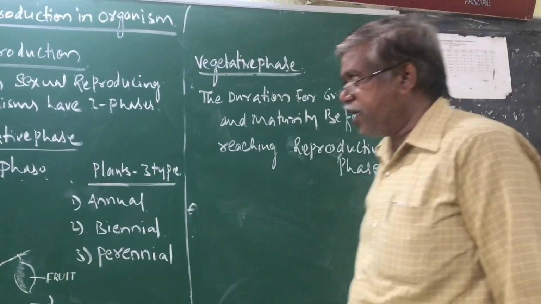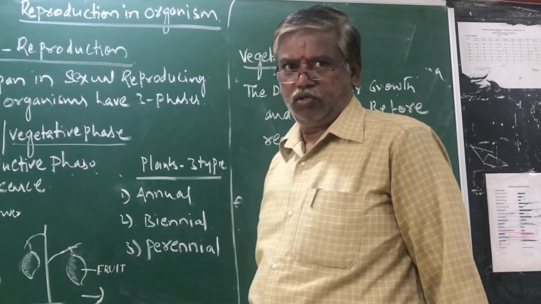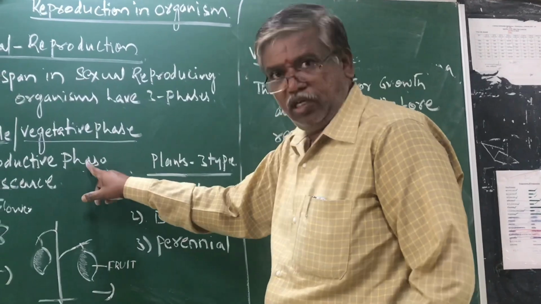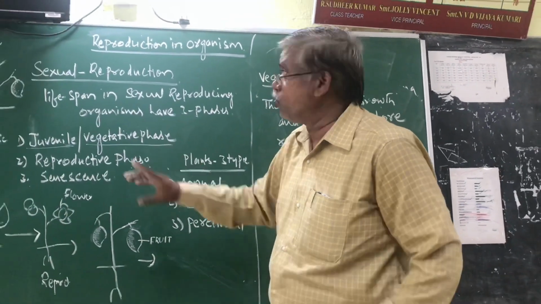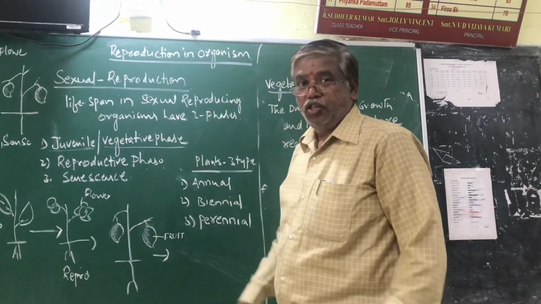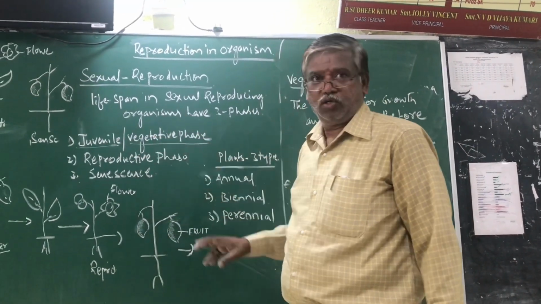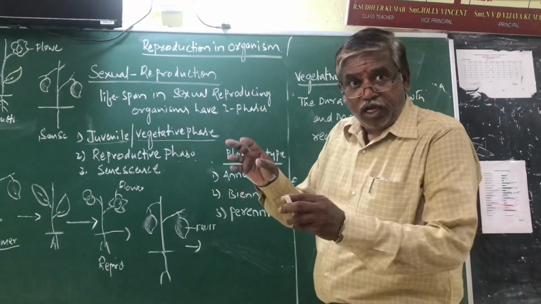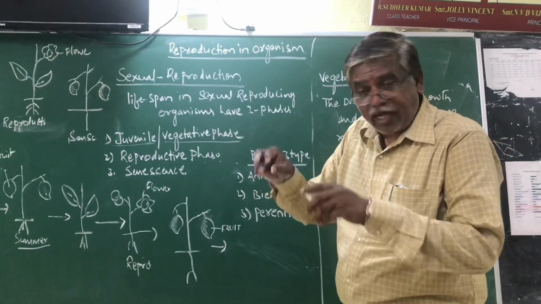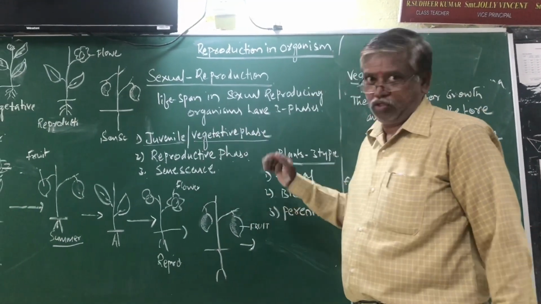The second one is the reproductive phase. It is the phase in which the organism undergoes sexual reproduction. There are no sexual activities in the first, juvenile phase. The duration in which sexual activities occur is called the reproductive phase.